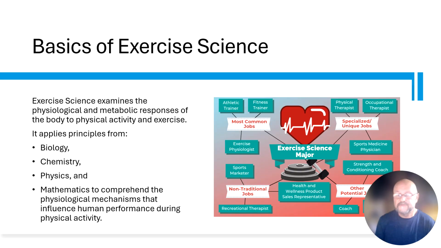But these days you'll also see people with this knowledge moving into marketing for sports or recreational therapy, and of course the huge growing area of health and wellness product development. But if you want to continue studying after exercise science as your first degree, you can become a physical therapist or an occupational therapist, or move on into medicine and become a sports medicine physician, which, if I'm honest, is something I would like to have done if I had my time again.